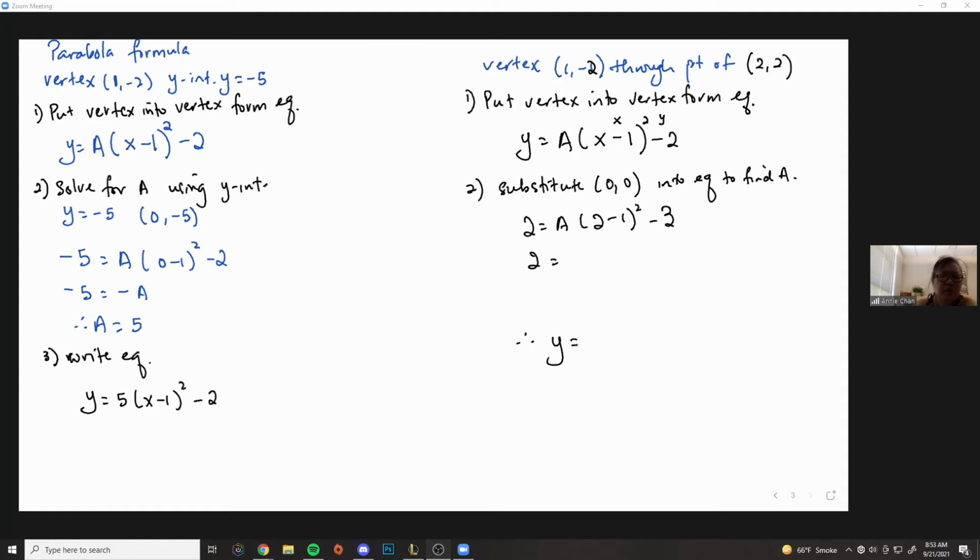I'm not even doing this one right. Sorry, guys. This is minus a minus 2. Negative a is negative 5 plus 2. Negative a is negative 3. A is 3. So this is 3.